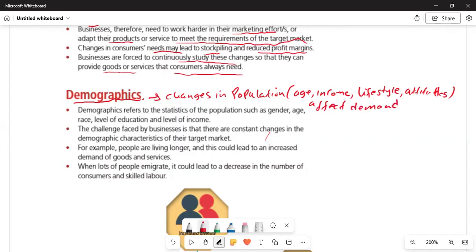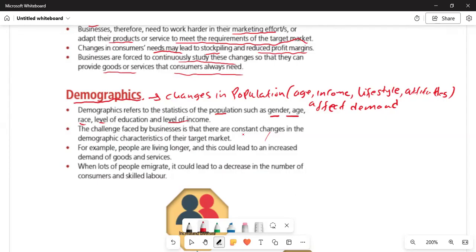As it says, demographics refers to statistics of population such as gender, age, race, level of education, and level of income. The practical example we can give is that an aging population increases demand for healthcare products.